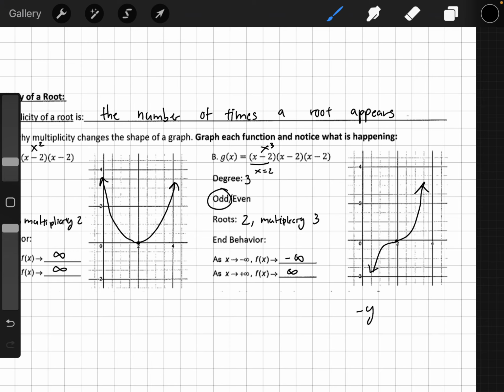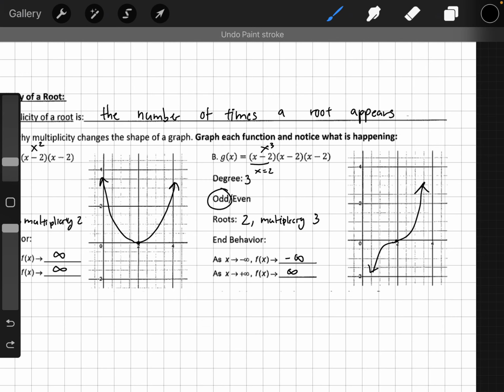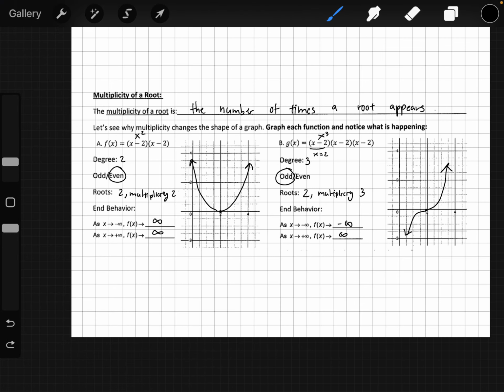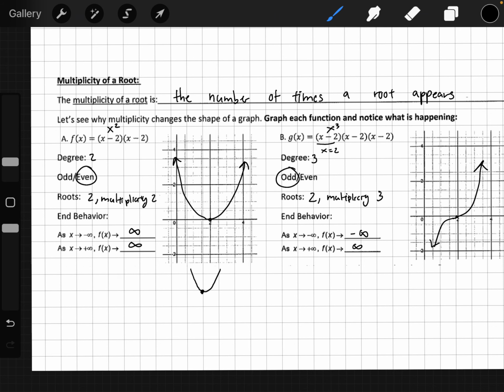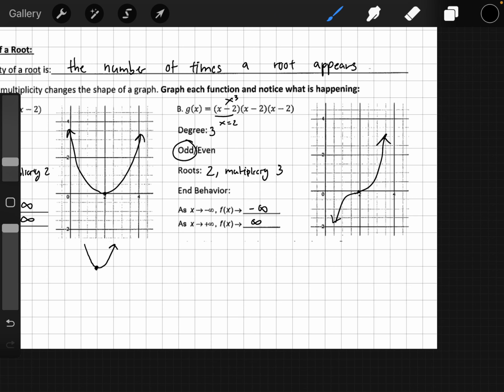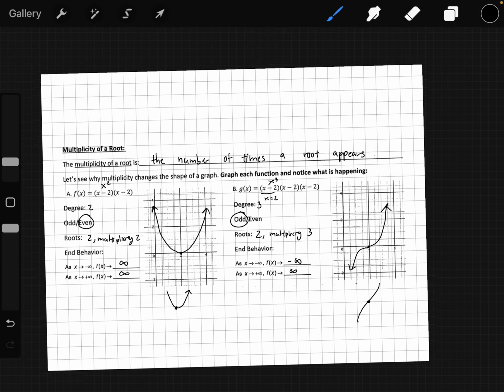Basically, it crosses from negative y to positive y. So to demonstrate, for this function, it'll hit this point and then go back up, versus here, it'll come through the bottom, cross through the point, and go up.